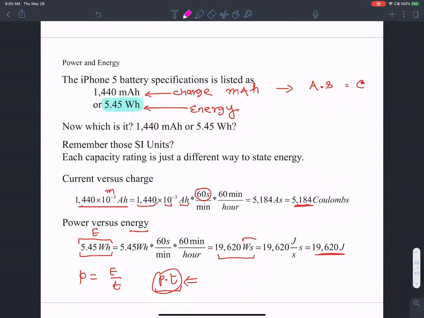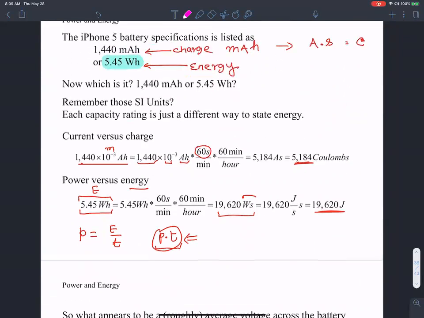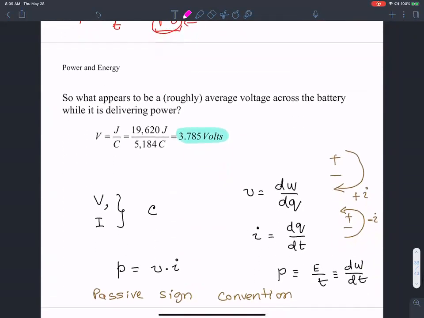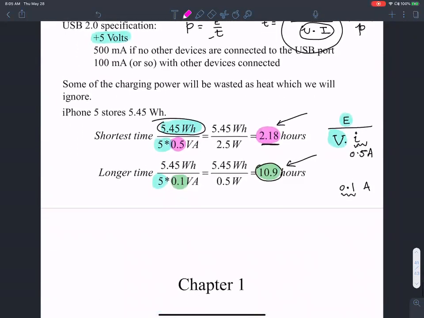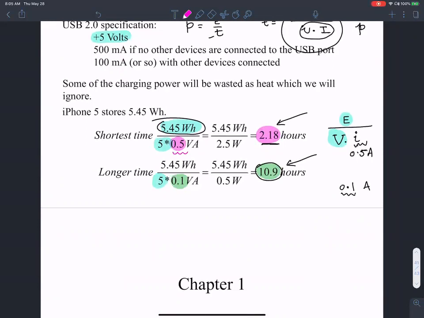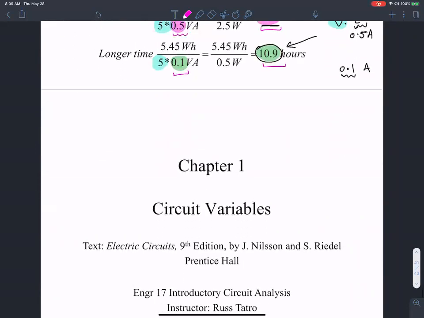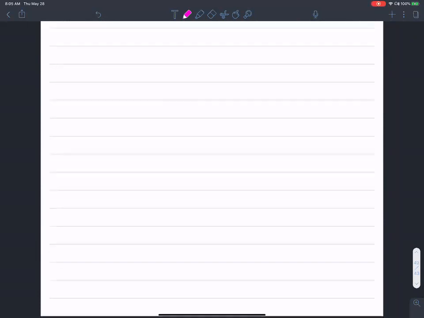Then I showed the relationship between the current and the time it takes to charge a battery. If I'm using a bigger current, it takes a smaller time to charge the battery. If I'm using a really small current, it takes a lot longer. That's the idea. So this is what we did in chapter 1 in the last class.